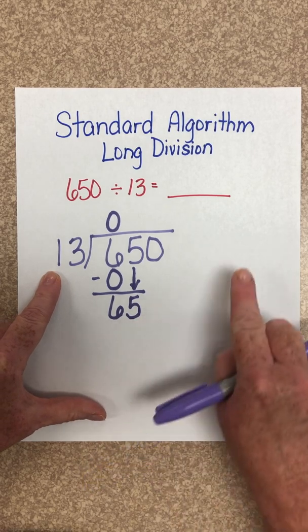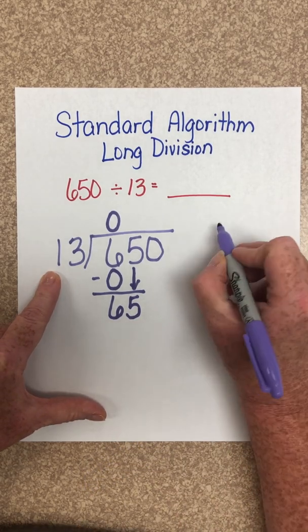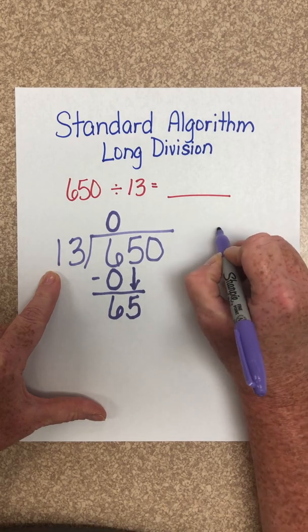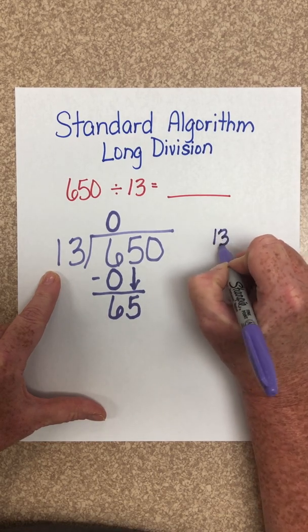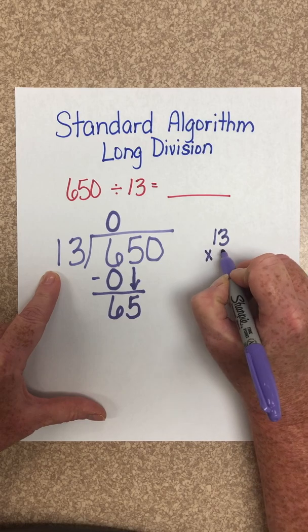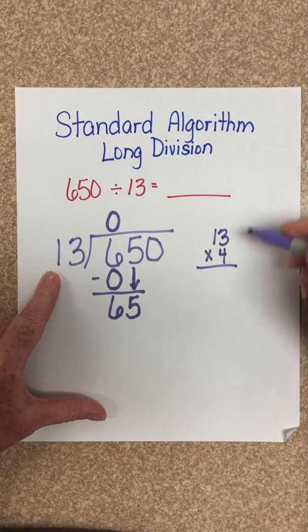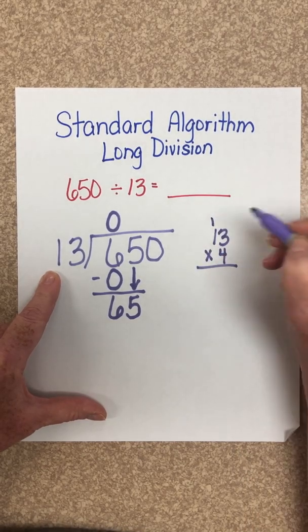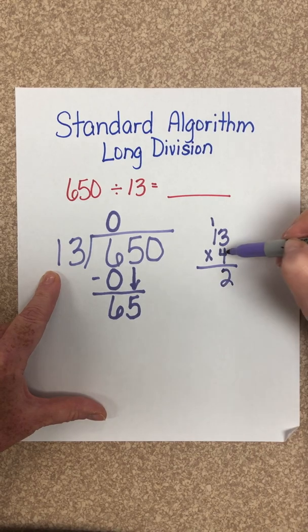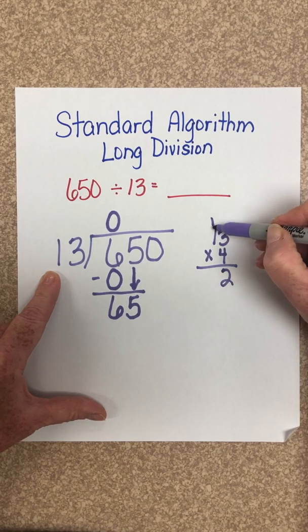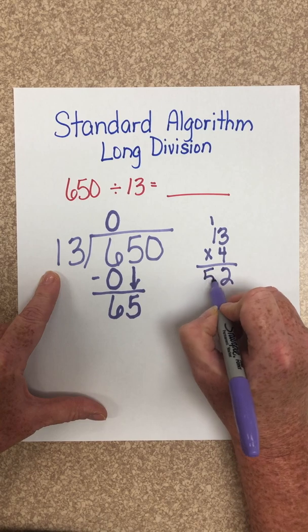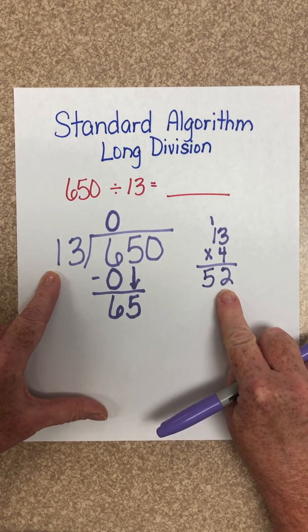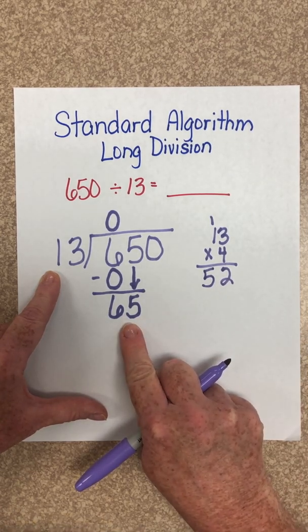How many 13s can we get out of 65? Well, you might want to go to the side and make a few notes. Let's do that. 13 times 4. 4 times 3 is 12. 4 times 1 is 4, plus 1 is 5. 52. Well, 52 is close to 65.